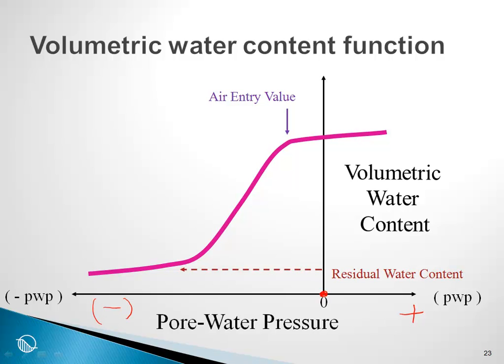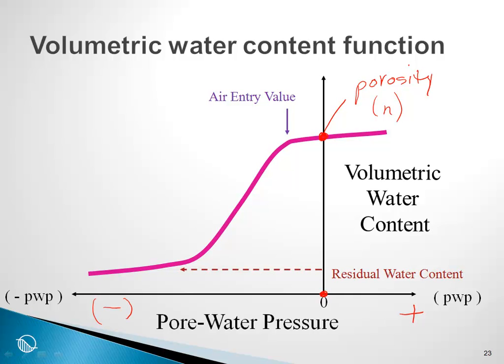And so when the pore water pressure is 0, we have a particular volumetric water content here, and this is equivalent to the porosity of the soil. It is the porosity of the soil, a value that is quite easily determined for a soil sample, so it already gives us a really good anchor point on this graph to reference the function.